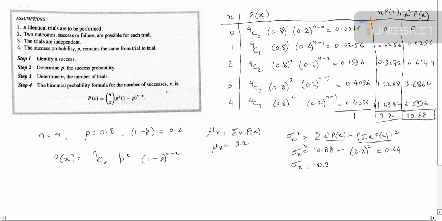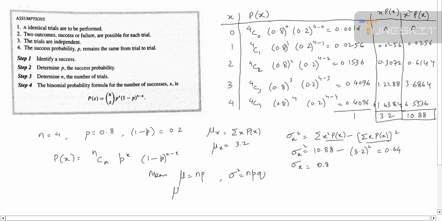Now I can tell you the direct way to verify your answer for the mean and for the variance. The mean of a binomial distribution can be directly computed as mu equals np, and the variance of a binomial distribution can be directly computed as npq.